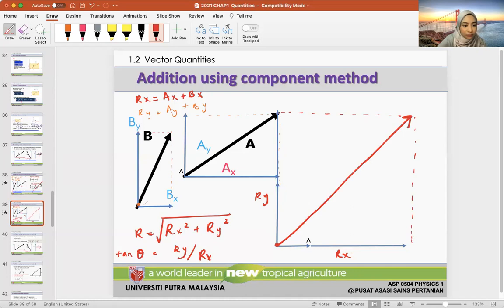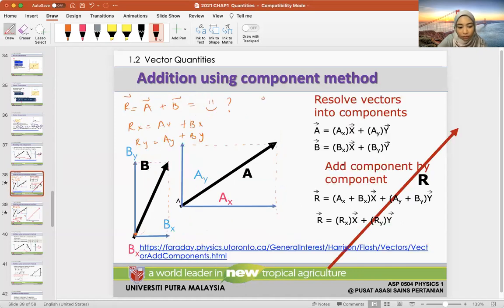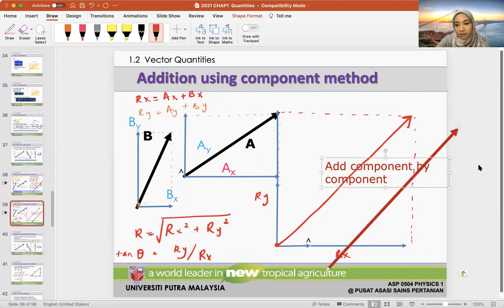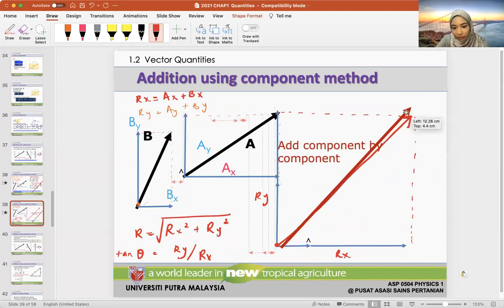Okay, so let's see, is it the same as what we saw before? Same. Actually drawing is troublesome, which is why component method by math is like the best method. Yay, same, even though my drawing is ugly.